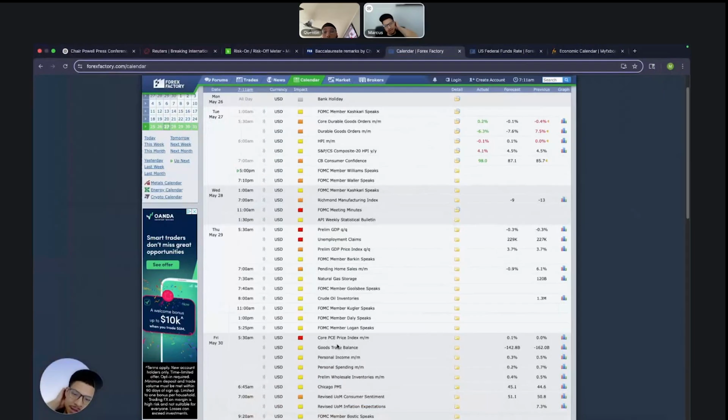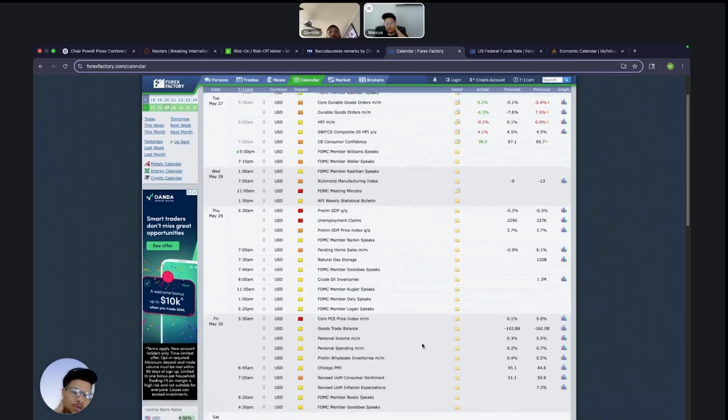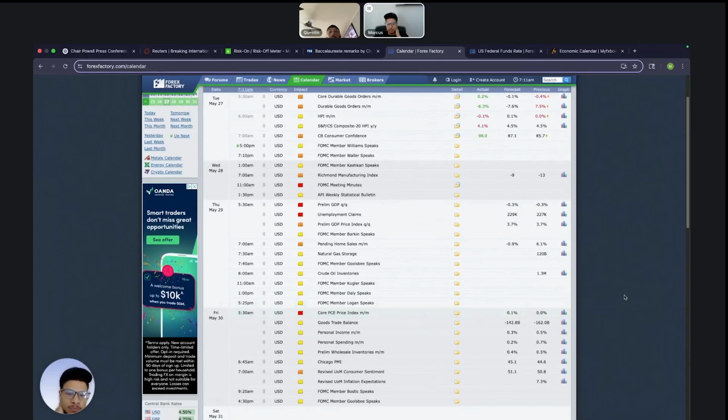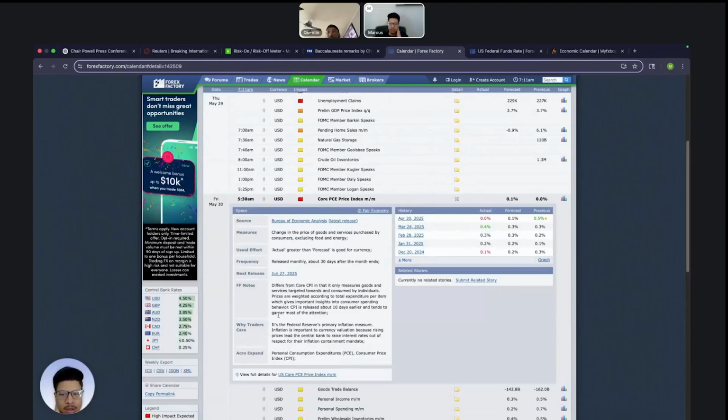That's this here, PCE, personal consumption expenditures, which is just personal income, right? Separate from this folder. This is not what I believe it's talking about. PCE: why traders care?